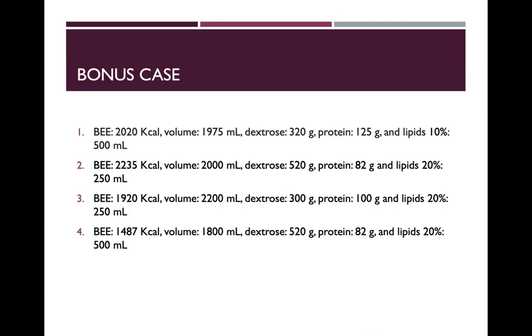The easiest way for me, and the way I built the question, because that's usually how these questions are built, is that if I go for just the first number, the BEE, or actually it should be TEE to be more accurate, I look at options 1, 2, 3, and 4 and see which one is closer to the range. That would start eliminating options for you. Once you narrow it down that way, you keep going horizontally and move on to the volume, and that will narrow it even further. If you work your way through it, you probably will reach the answer by the second or third number.